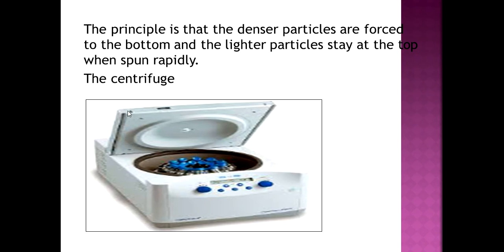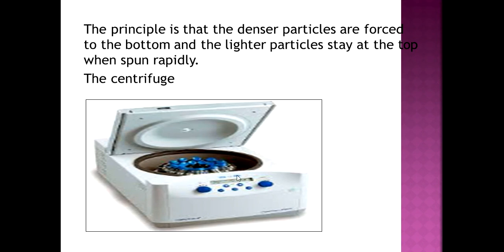When you look here, we have a centrifuge. This is an example. Inside here is our rotor. The blue tops that you're seeing here are known as centrifuge tubes. These are the tubes which contain an equal amount of solid-liquid particles, given to all the different tubes in equal volume.